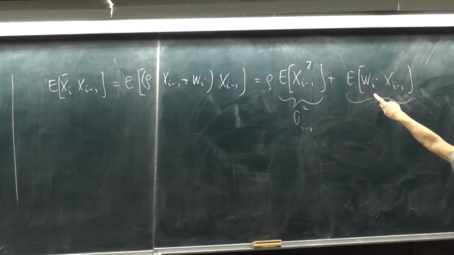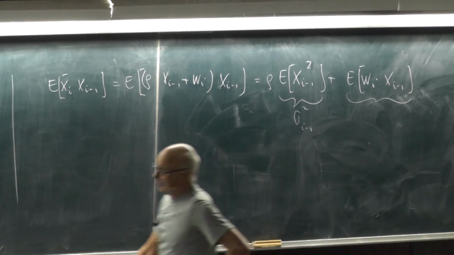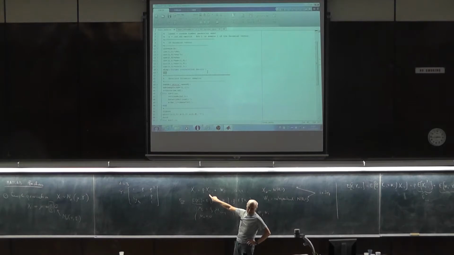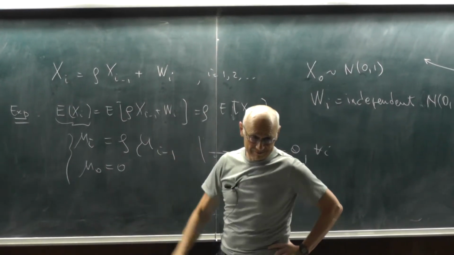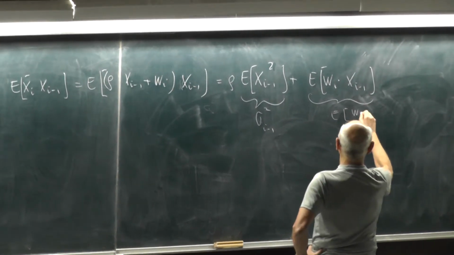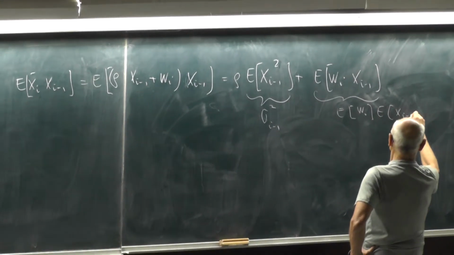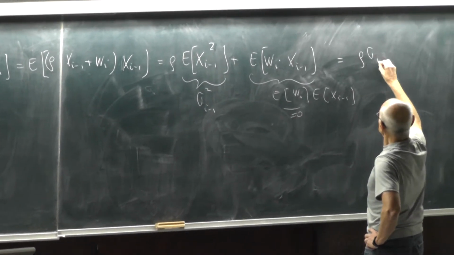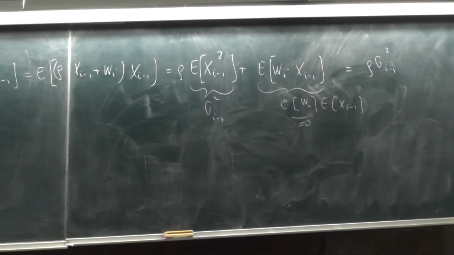W has nothing to do, X has nothing to do with Wi. But would not be true between Wi and Xi. Okay? Because Xi involves Wi, but not Xi minus 1. Because they are independent, we have, so this is by independence. This is 0. So what we find out is this rho. Okay.